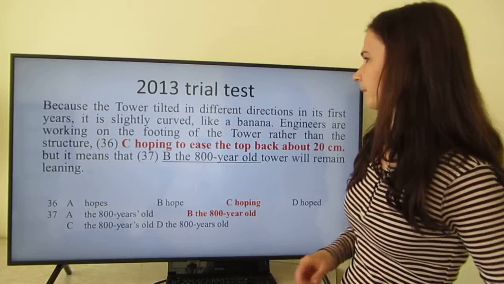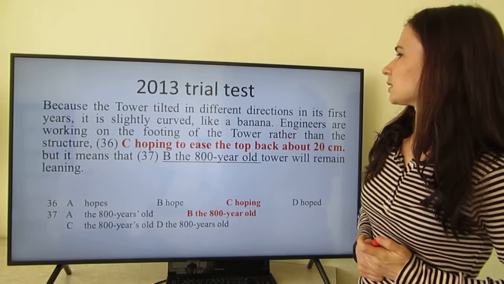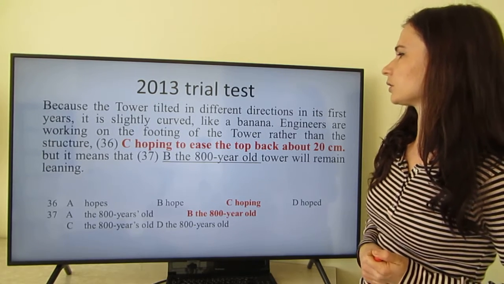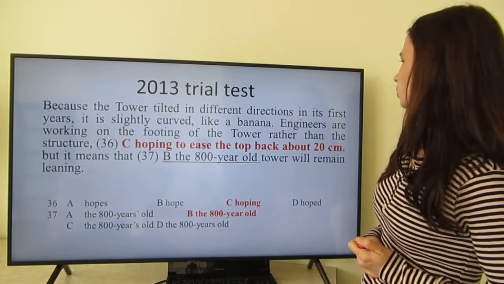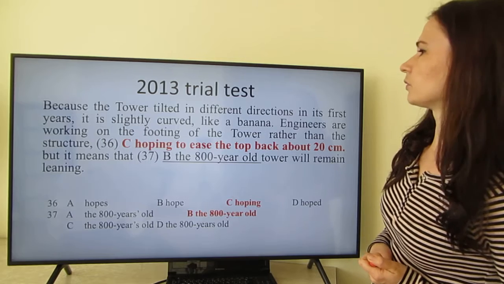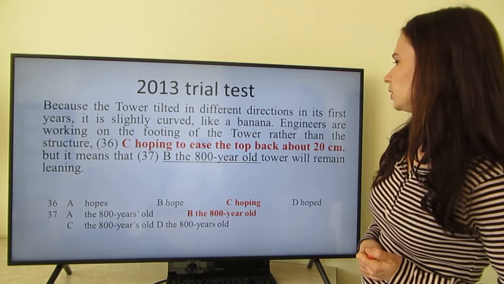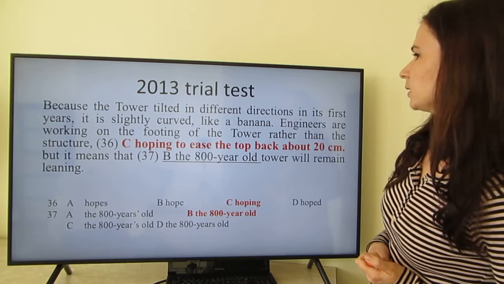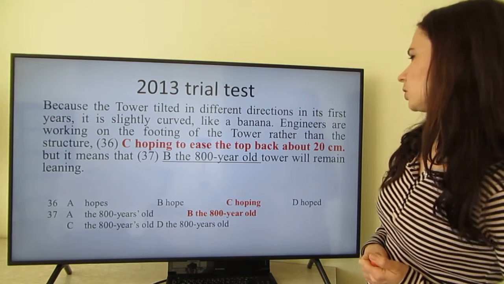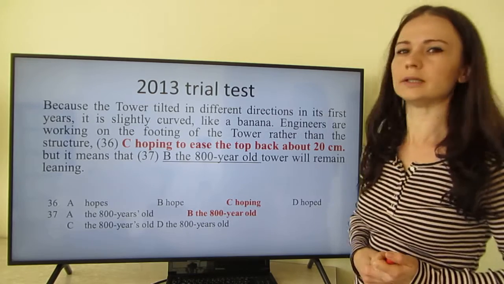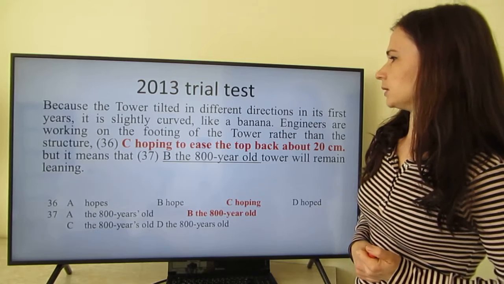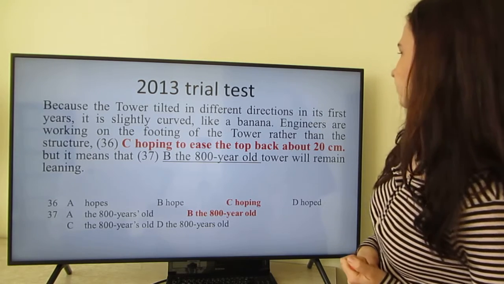No gaps here. Because the tower tilted in different directions in its first years, it is slightly curved like a banana. Engineers are working on the footing of the tower rather than the structure, hoping to ease the top back about 20 centimeters, but it means that the 800-year-old tower will remain leaning. Alright, gap number 36.